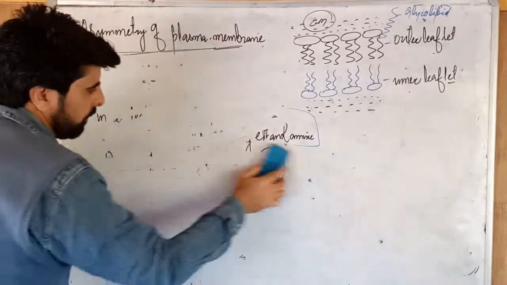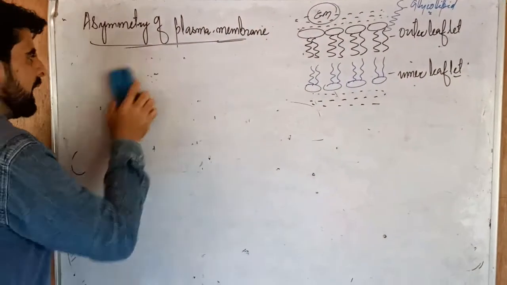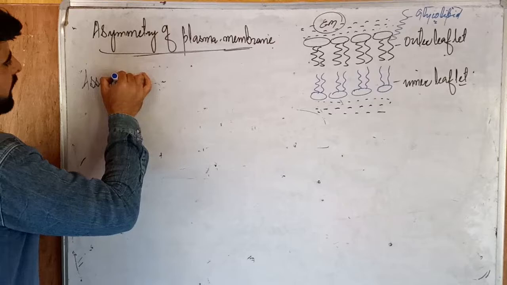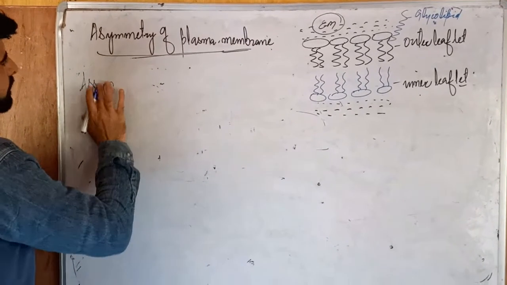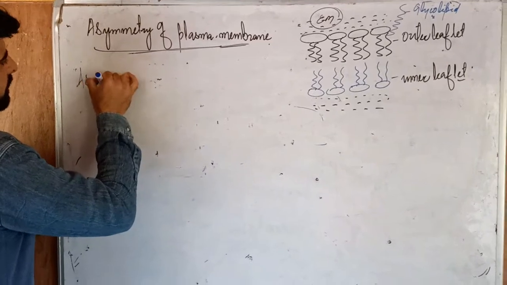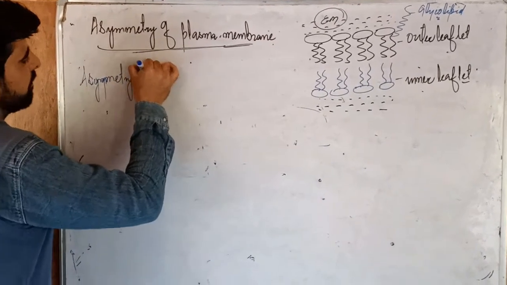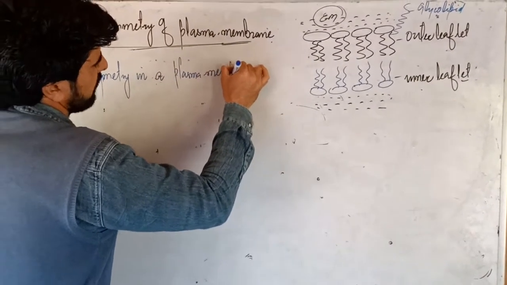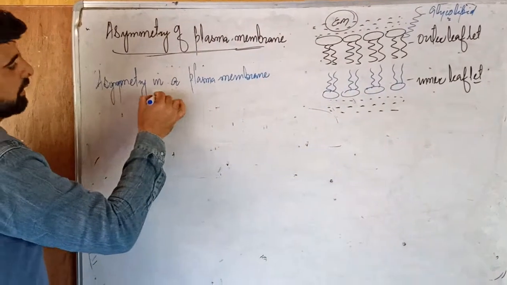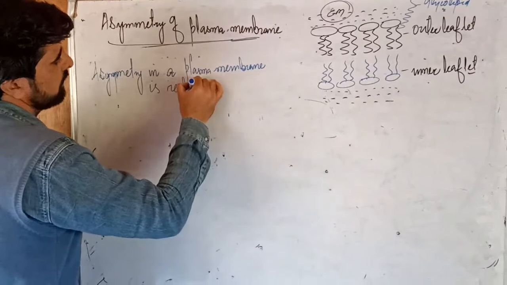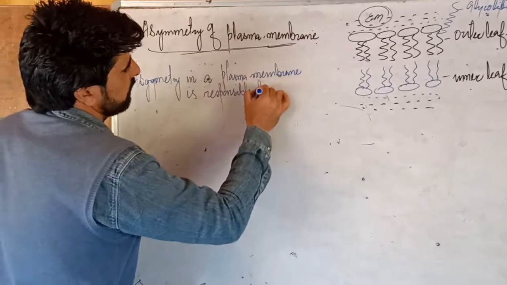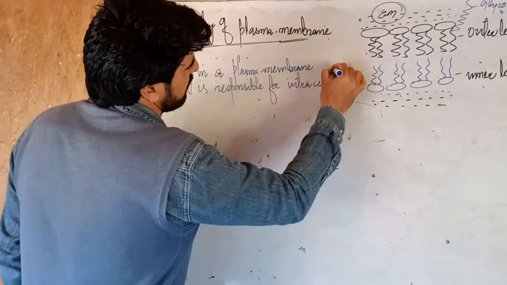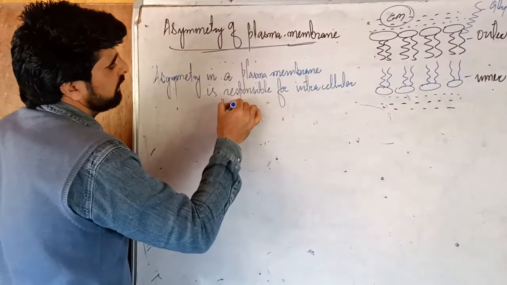The next point: this asymmetry in a plasma membrane is responsible for intracellular signaling response.